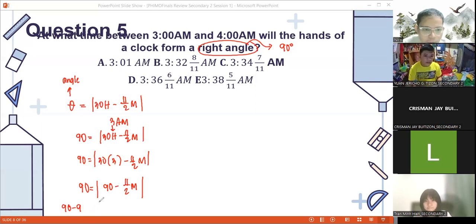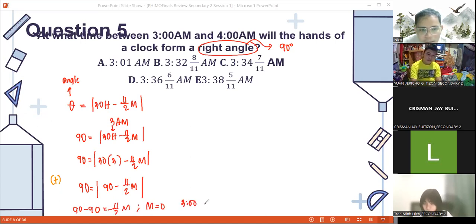If you take this one as positive, 90 minus 90 is equal to 11 over 2m, so m here is equal to 0. It's going to be 3 a.m., right? But is 3 a.m. correct? No, because it should be in between 3 a.m. and 4 a.m.